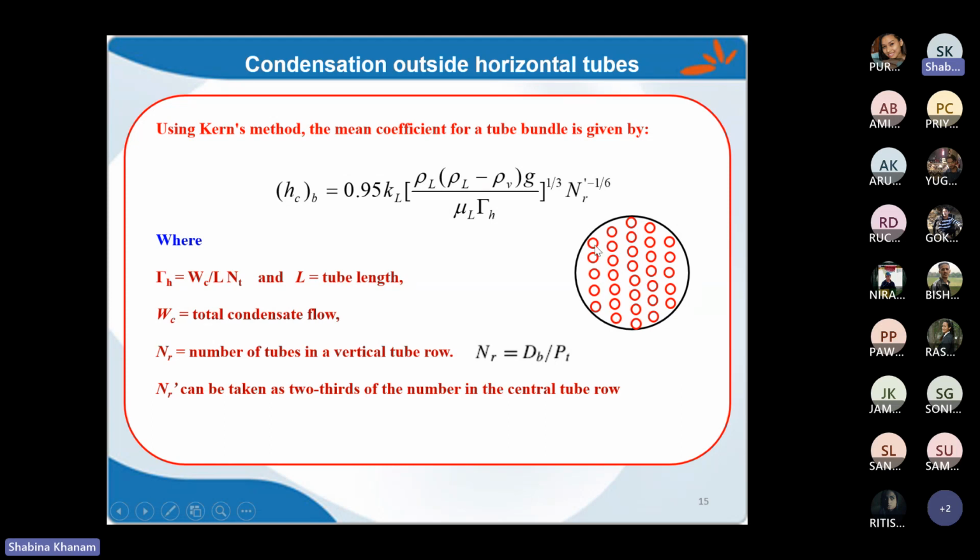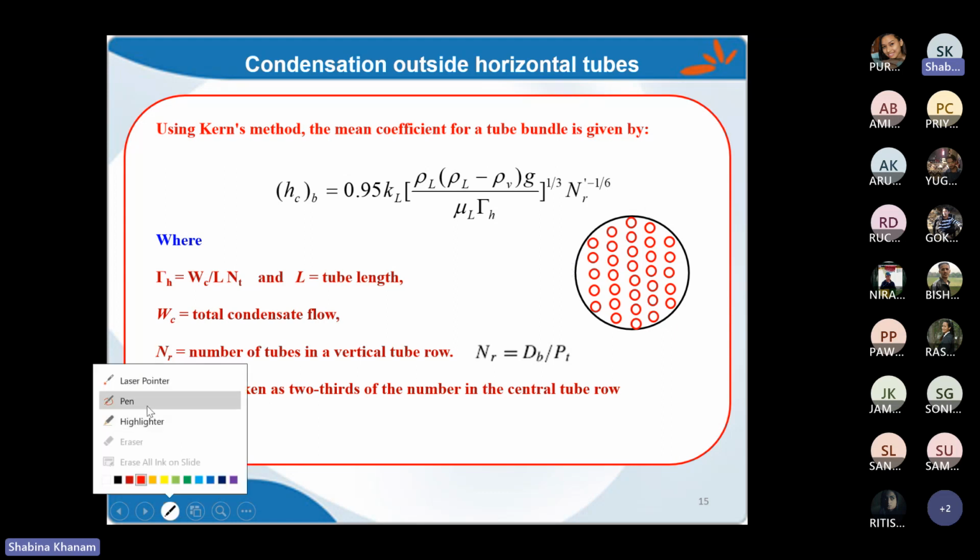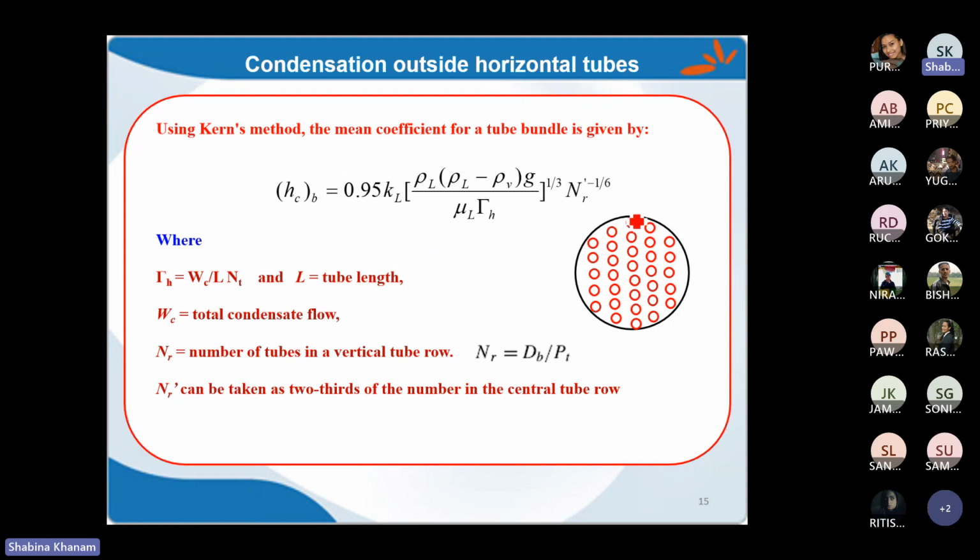As we move from this side towards this side, I hope you are getting what I am trying to emphasize. From this side to this side, the vertical tube rows will keep on reducing, and so the thickness of the condensate film will keep on reducing.